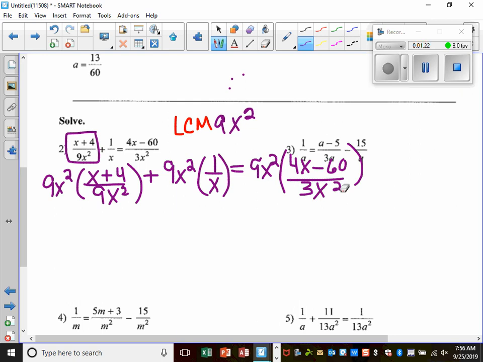All right, so basically I just rewrote the problem and simply multiplied it by the LCM.